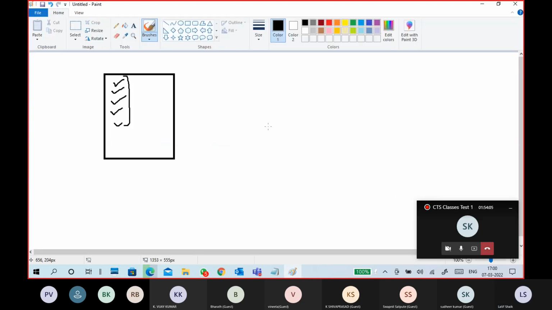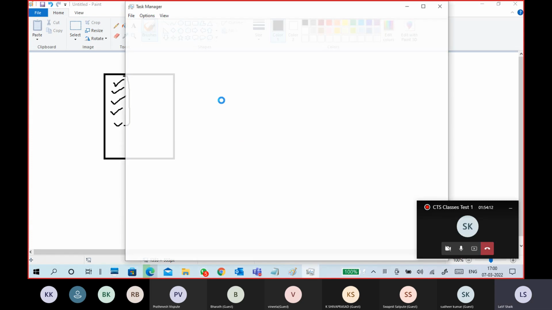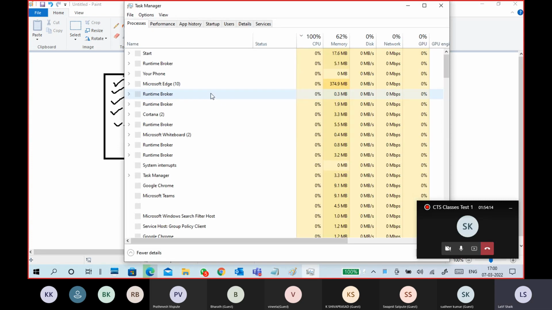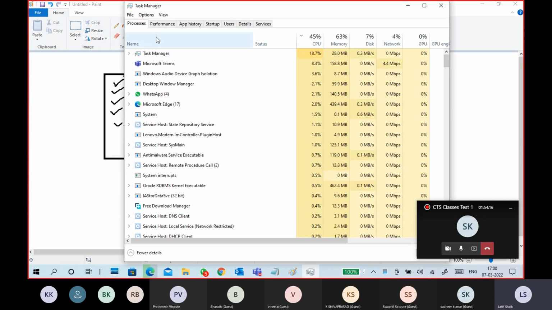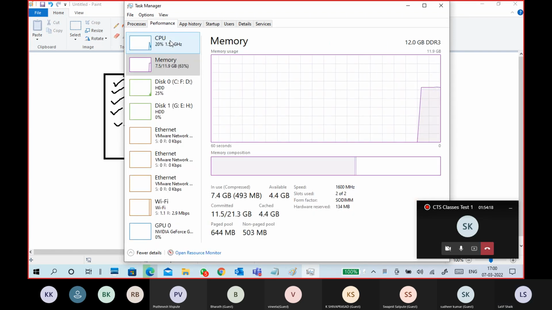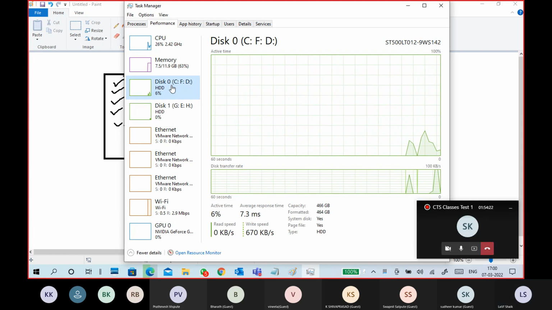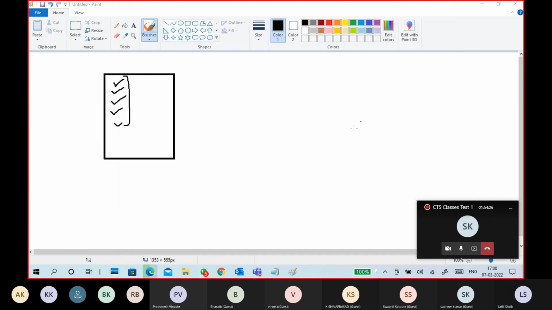Again, so as we saw earlier, either you monitor your process from task manager, or the performance of your CPU, RAM, resource monitoring.